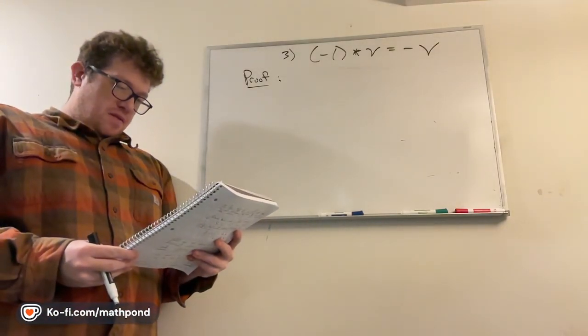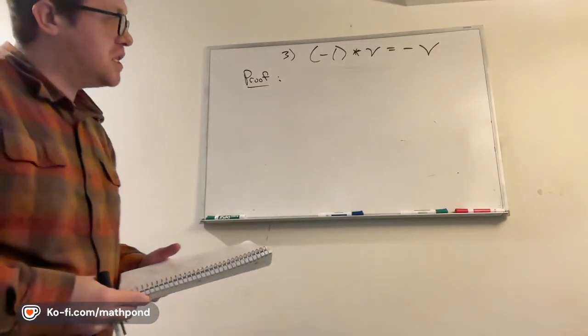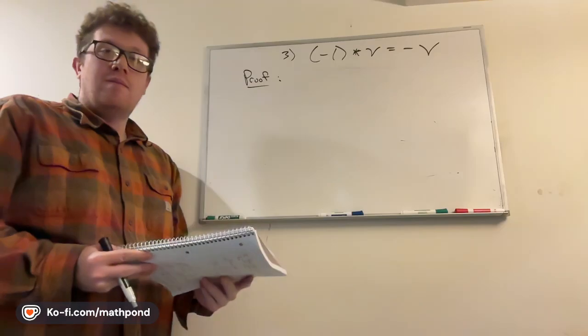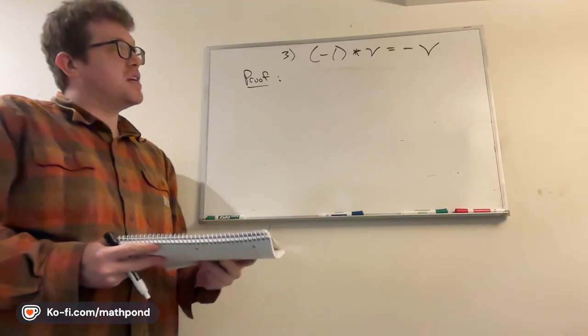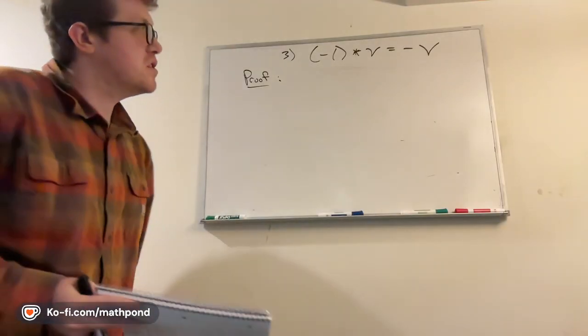This one also uses the distributive property on the scalar side. But this time, instead of trying to show something's equal to 0, we're going to show that this plus this is equal to 0. So slightly different here.